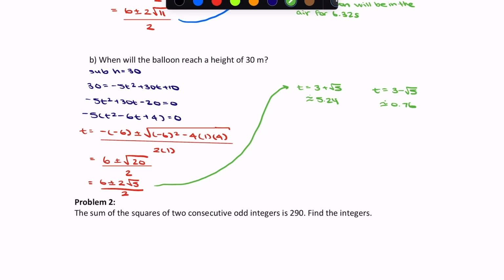Okay, so here we see that there's two answers. So here, therefore, the balloon will be at 30 meters at 0.76 seconds and 5.24 seconds.